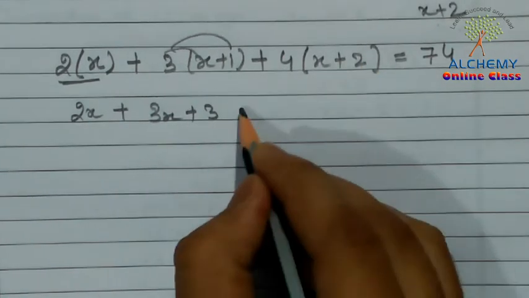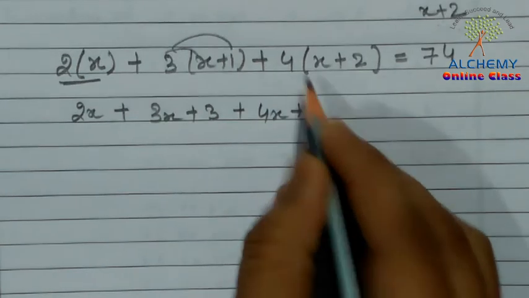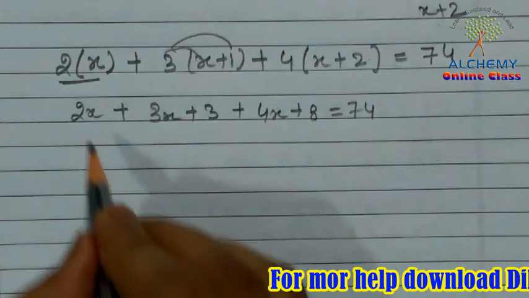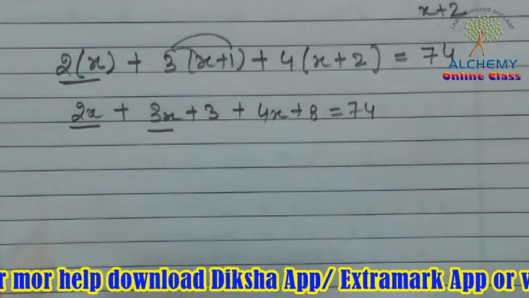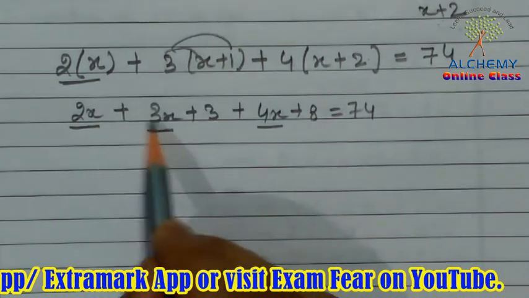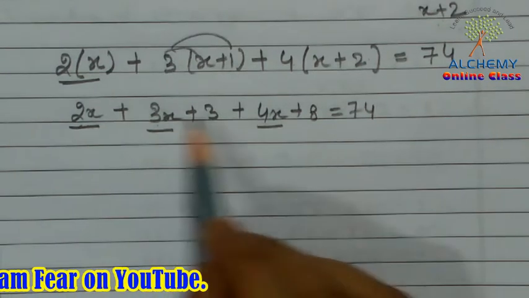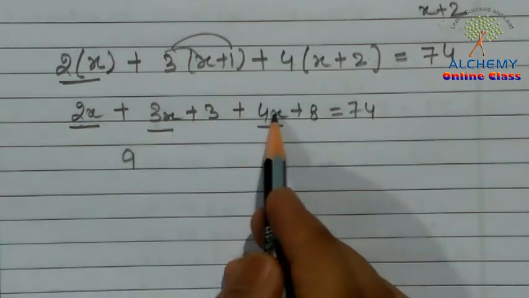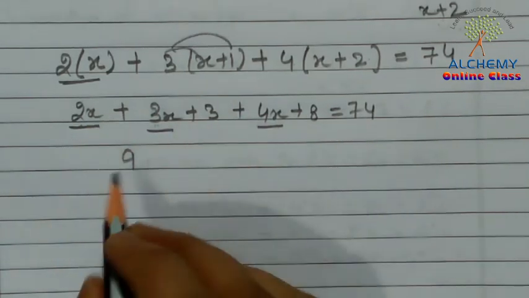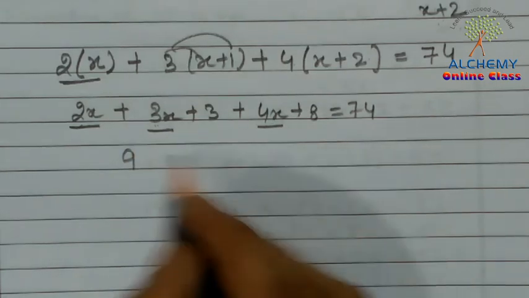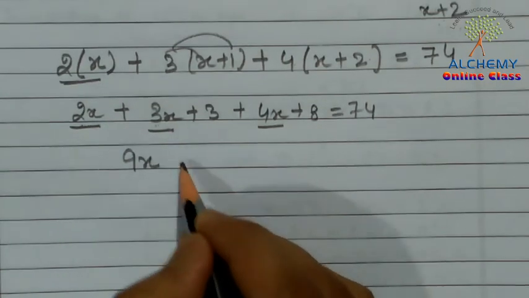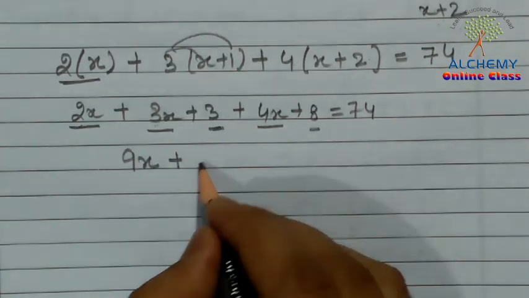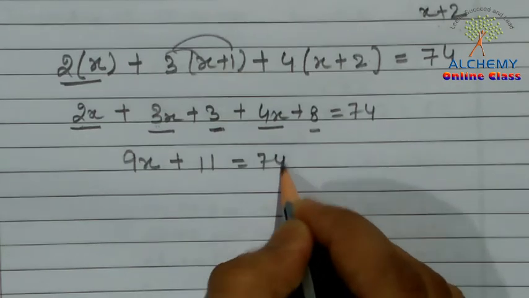The same goes for this also, 4x plus 4 2s are 8, and finally we get 74. These are like terms, and we can add the like terms. So 2x, 3x and 4x will be added, and we get 9x plus 3 and 8. When we add 3 and 8, we get 11, equal to 74.